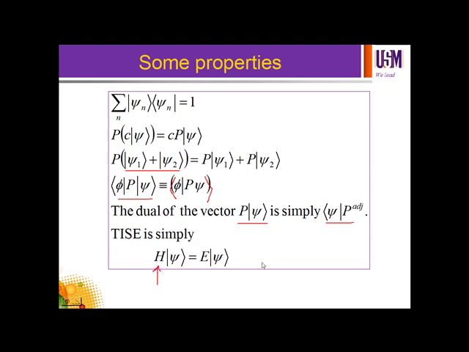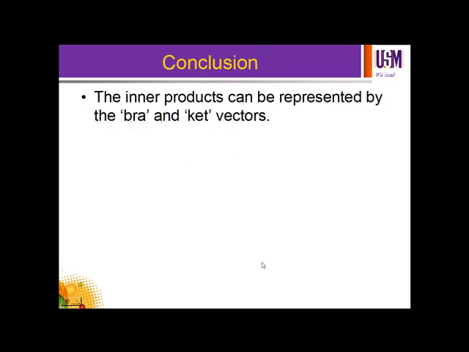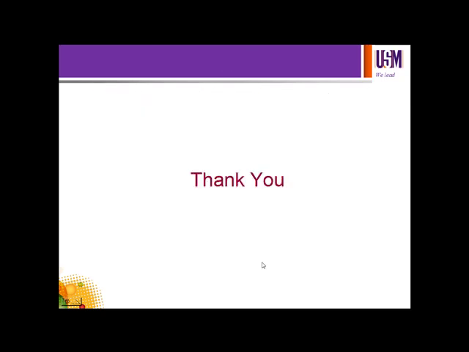Hamiltonian means that it has the momentum operator and also the potential. As a conclusion, the inner product can be represented by the bra and ket vectors. Thank you very much for your attention.